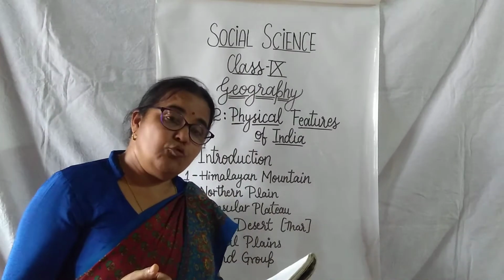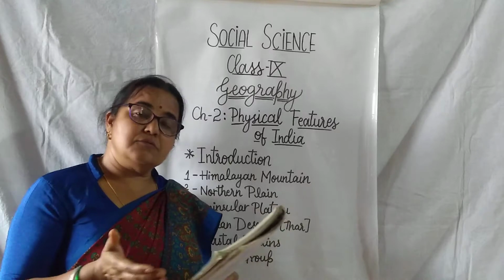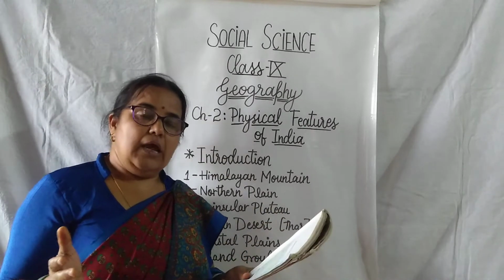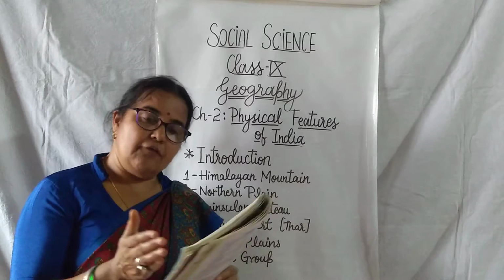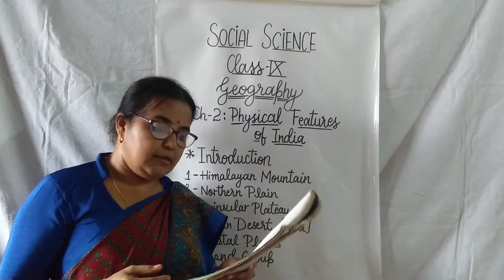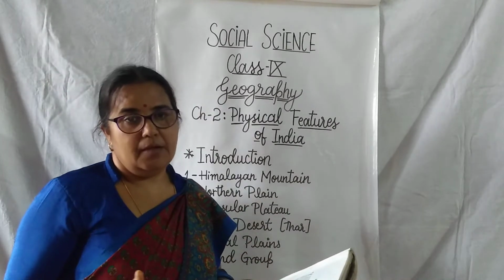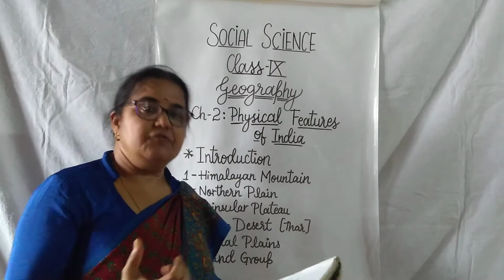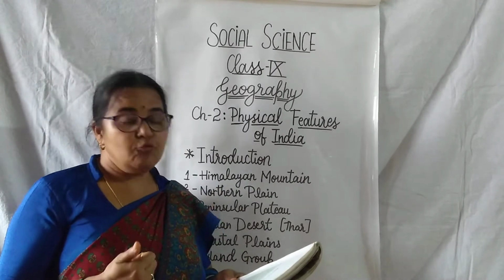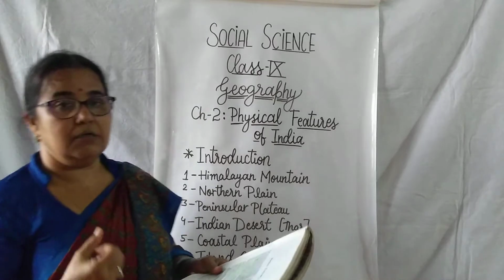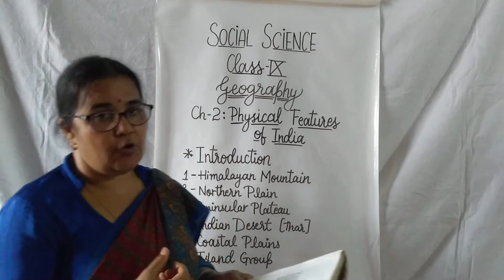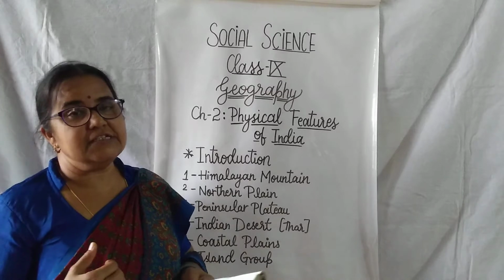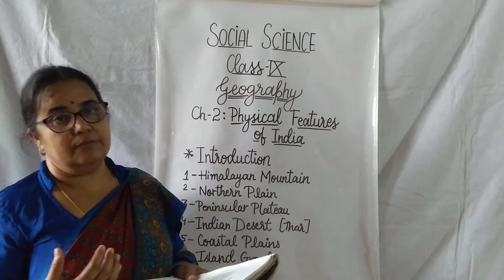In another movement, the plates go away from each other, and due to going away from each other, they form a divergent boundary. Due to this movement, physical features are formed. The third movement in these tectonic plates is the transform boundary, when they collide with each other and move up and down.